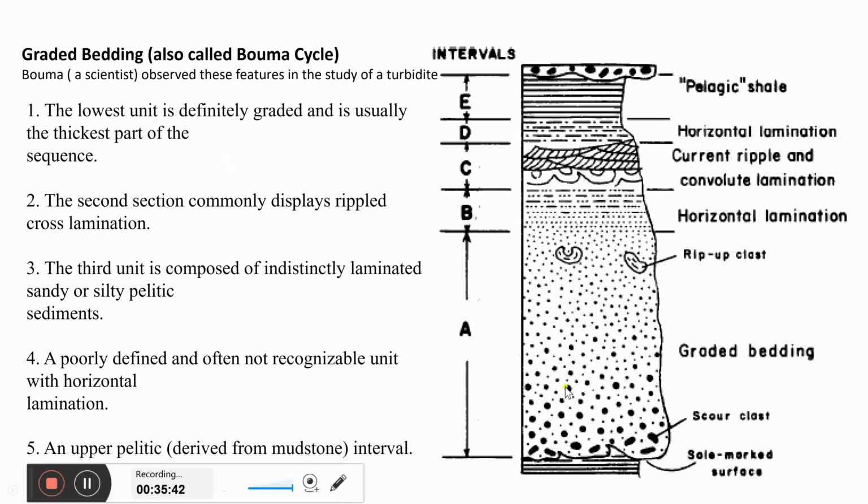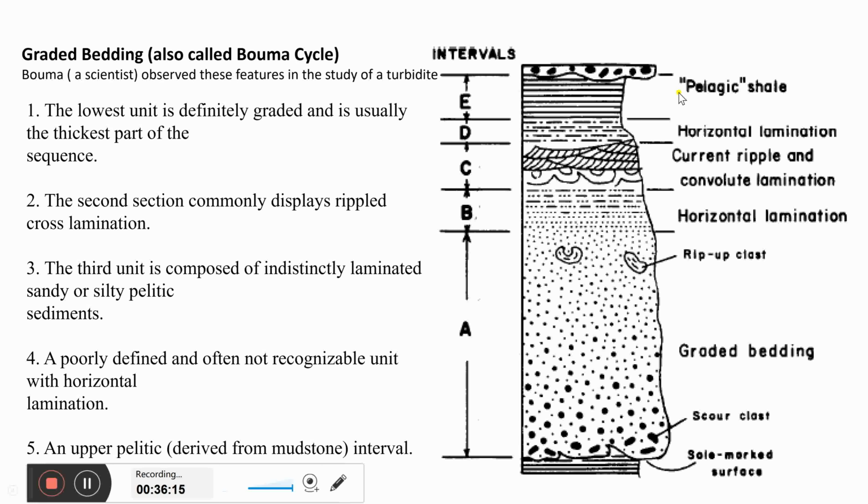The second section commonly displays ripple cross lamination. Then the third unit is composed of indistinctly laminated sandy or silty pelitic sediments. Similarly, there is a poorly defined and often not recognizable unit with horizontal lamination somewhere here, and the upper part is mostly derived from mudstone or pelagic shale.